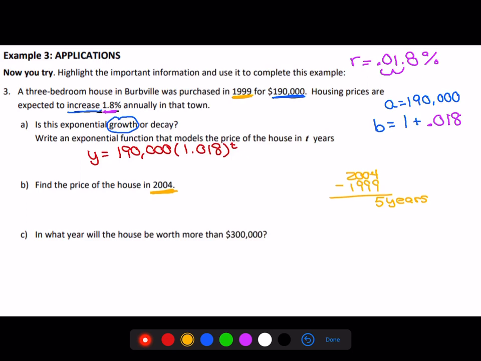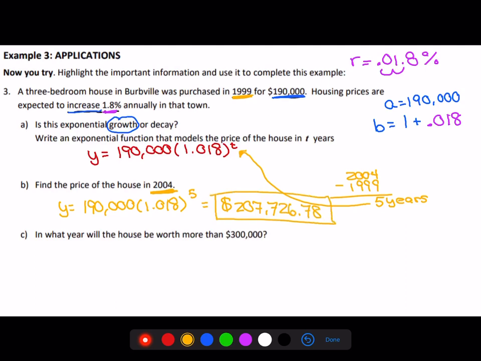So we plug 5 in for our t variable here, and that will allow us to solve for the price of the house in that amount of time. So y is equal to 190,000 times 1.018 raised to the 5th power. That will give us our final answer as $207,726.78. So in 5 years, it's increased that amount.